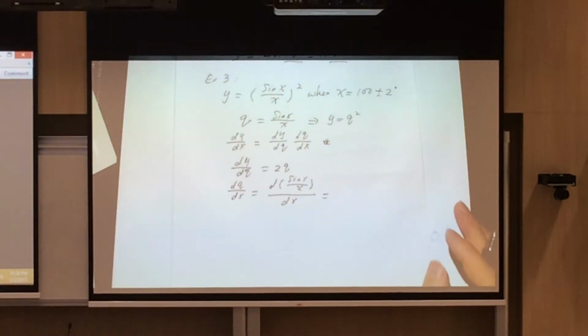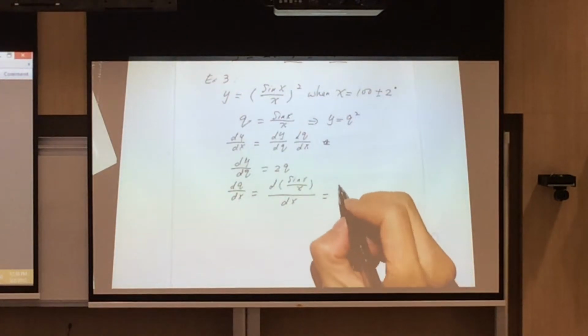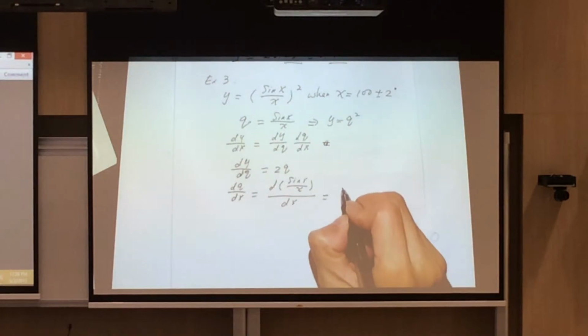So again, this is what you need to do, differentiation by parts, because you have sine x and 1 over x. So what kind of differentiation result do you have?